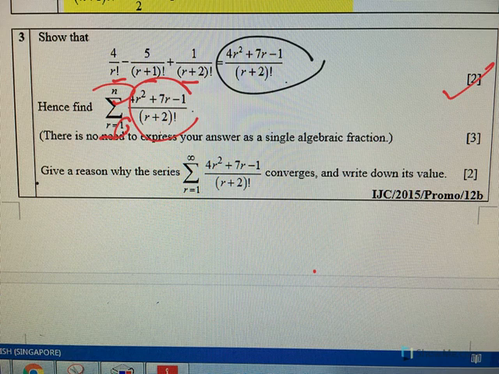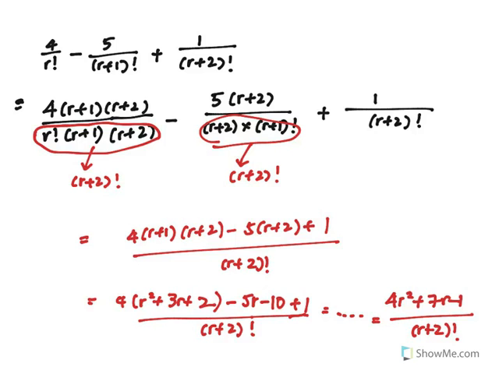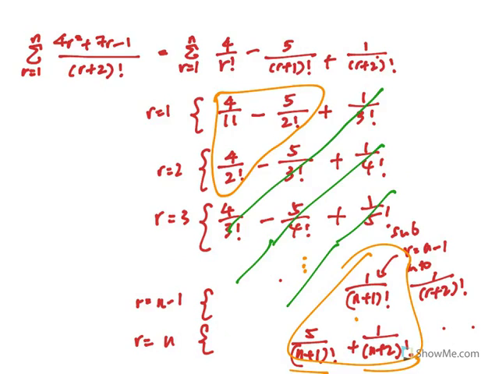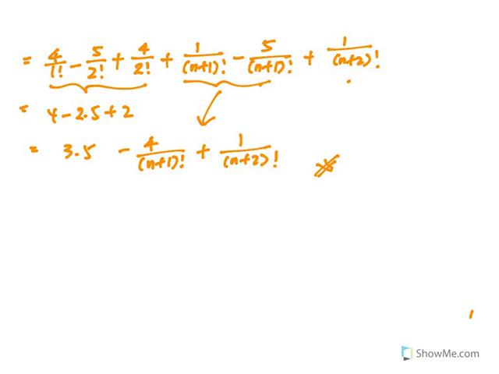Okay, so give a reason why the series converges and write down its value. So basically, we know that if we were to sum to infinity, r equals 1, this is the one that we are actually trying to find, the 1 over r plus 2 factorial.